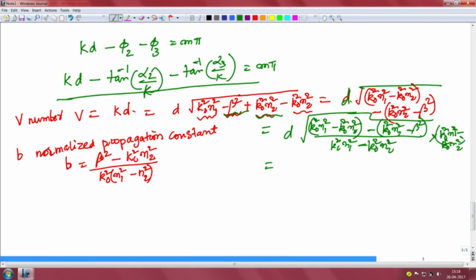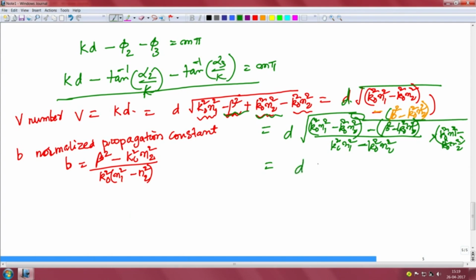So, we can note that this is equal to 1 and this is equal to small b, which is beta square minus k0 square n2 square.